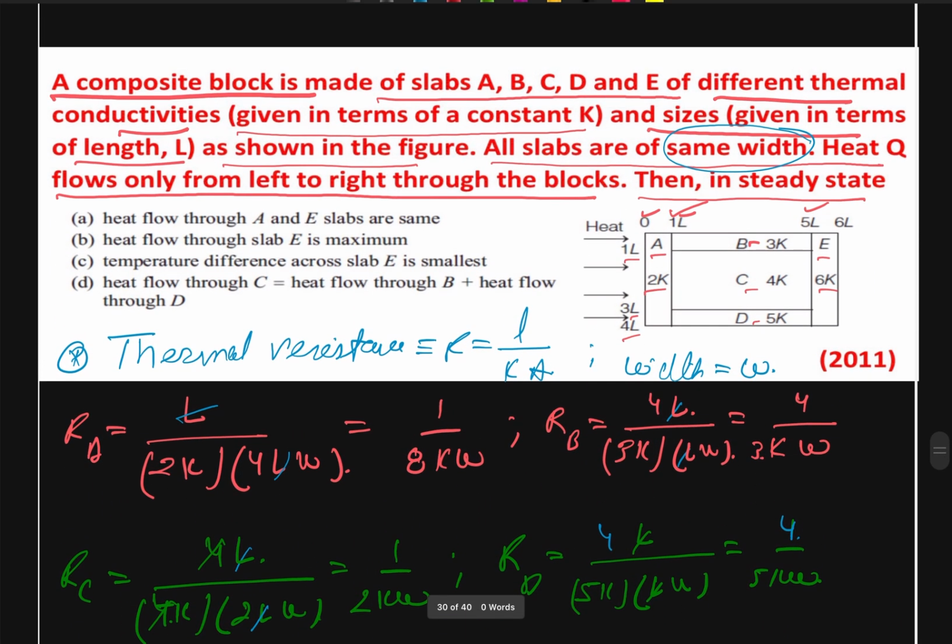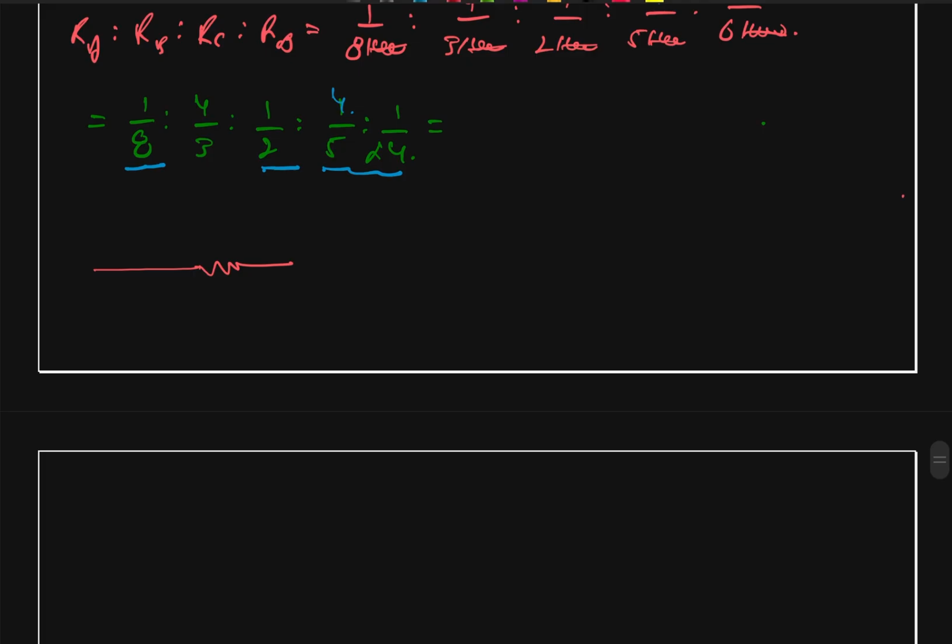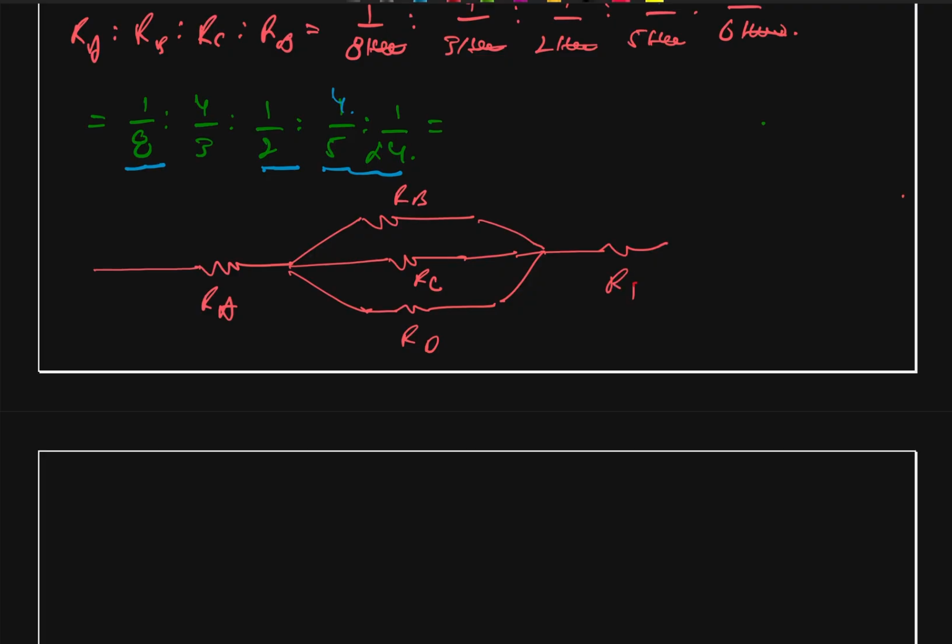So we have this as RA, and from here it will split into three parts: RB, RC, RD, and here will be our RE.